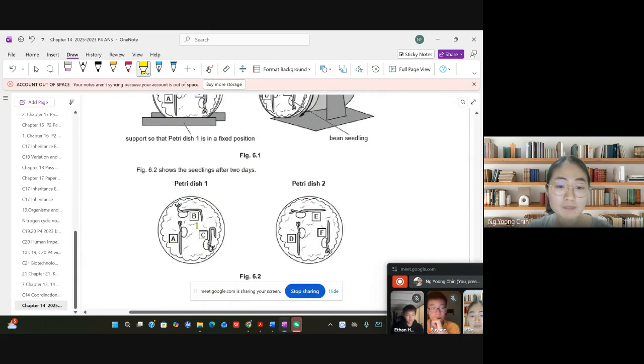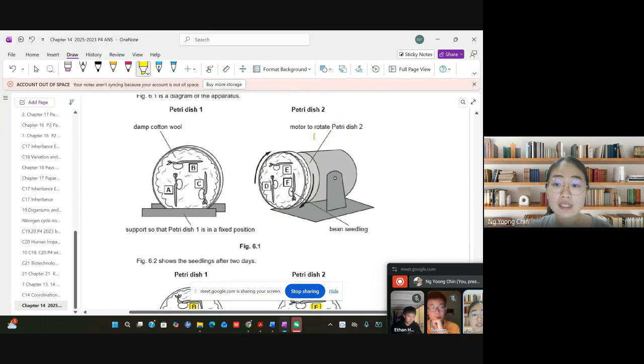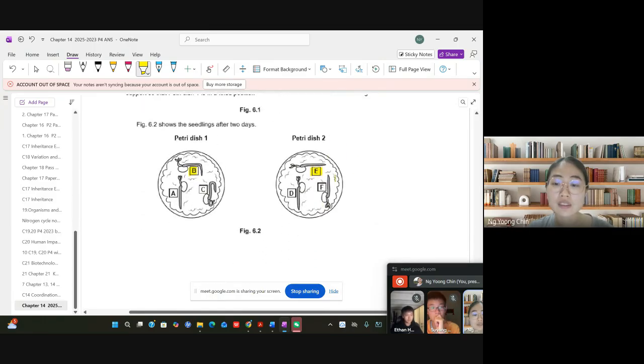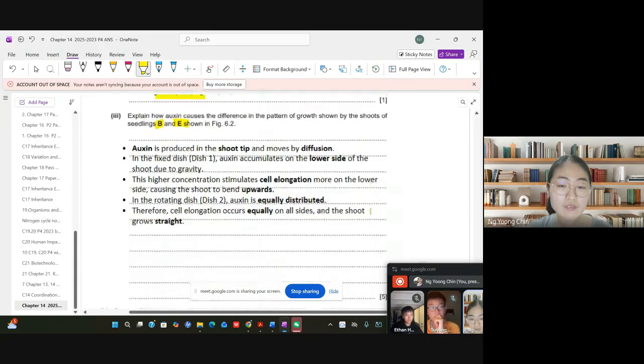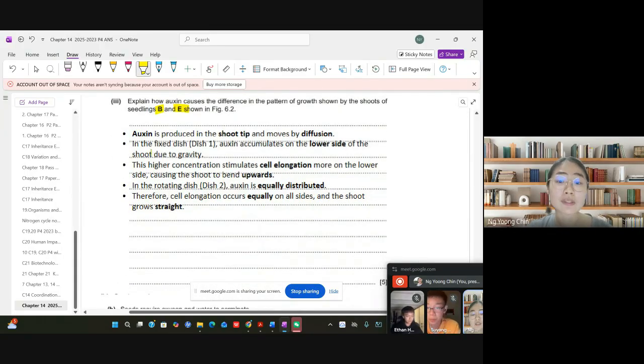So you can see you have a B and the E. So B, okay, is growing downwards, but E, due to the clinostat, because you have a clinostat, cancel the effect of the gravity. So that's why they just grow in the directions. I mean, they just grow straight in the directions. So that's why you should describe it, okay?